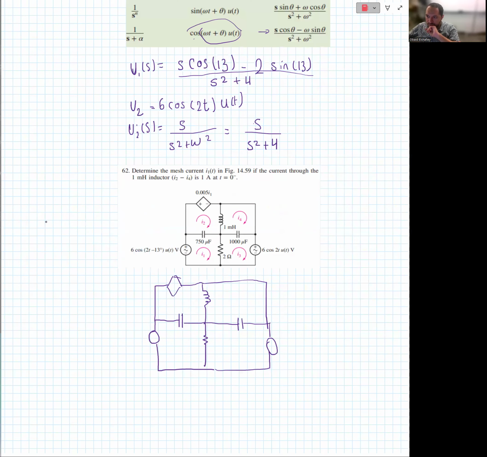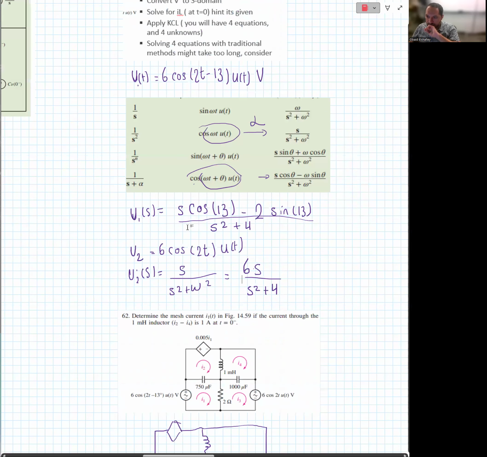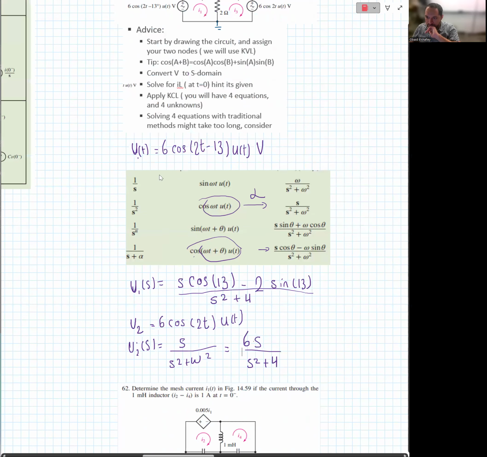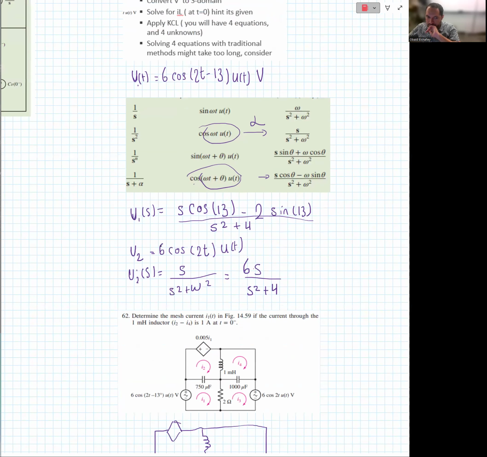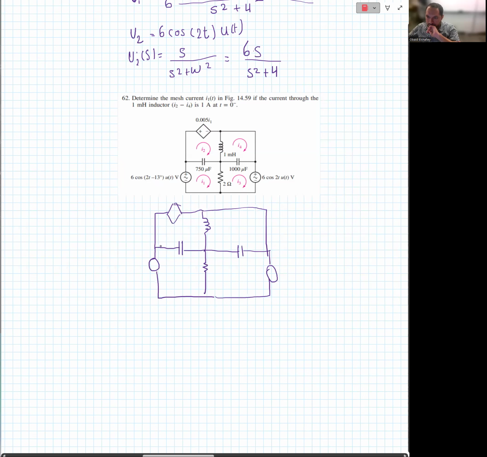We forgot something here. There's 6. And for this example, we forgot that there is 6 as well. 1 milli S for this inductor, and 5 milli.